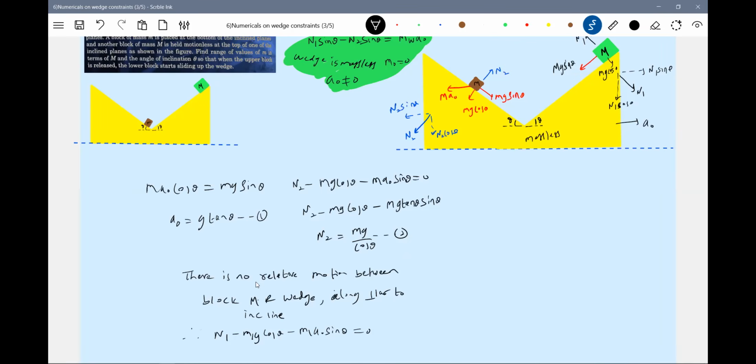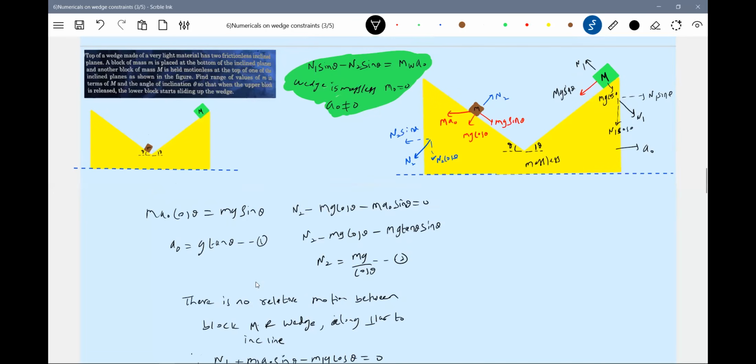Is it N1 minus M1 a naught sin theta or plus M1 a naught sin theta? I think this will be wrong; if I write it in this way, it will be correct. Now, sir, from where have you brought this equation? I think this is the main important part of this problem. I applied a pseudo force.